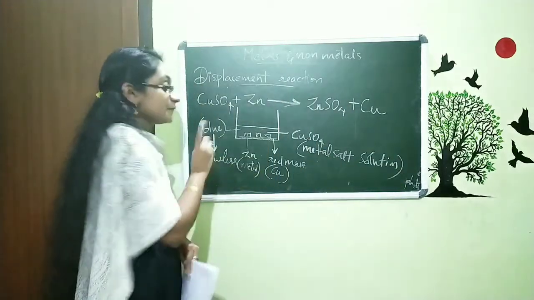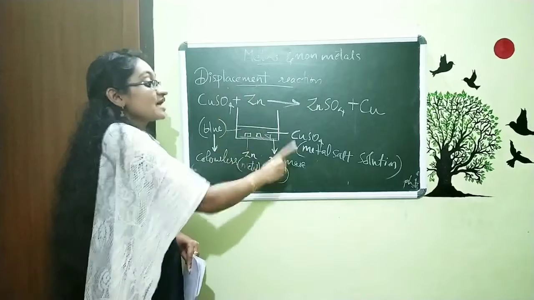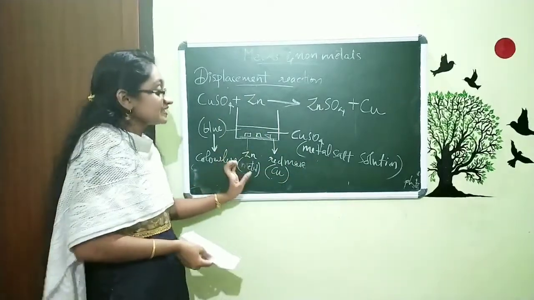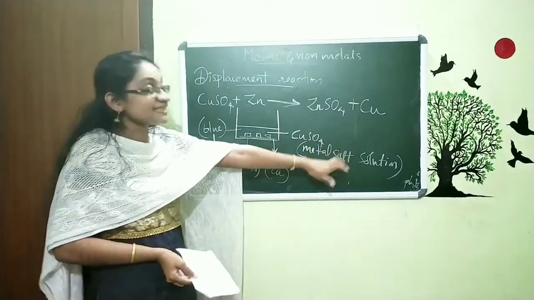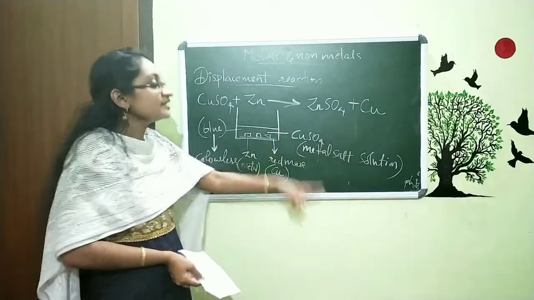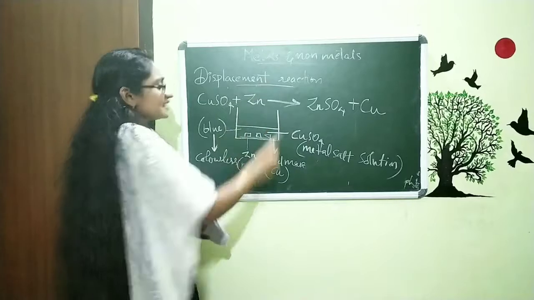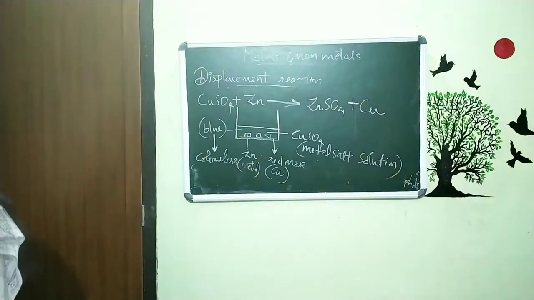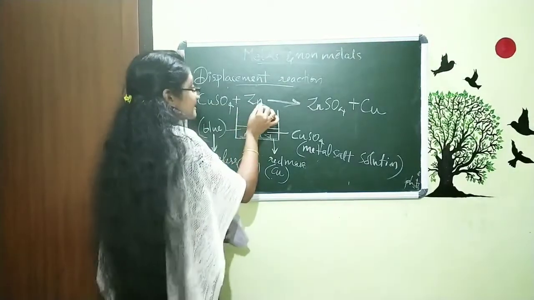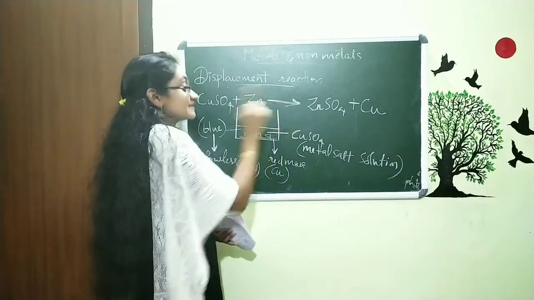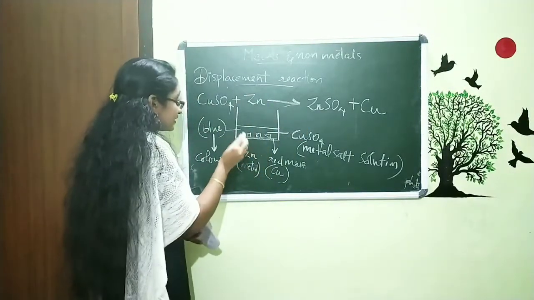So we have one metal and a metal salt solution. When this metal reacts with the metal salt solution, we get certain substances, and the result is this. When this copper sulfate reacts with the zinc, then the result is this.